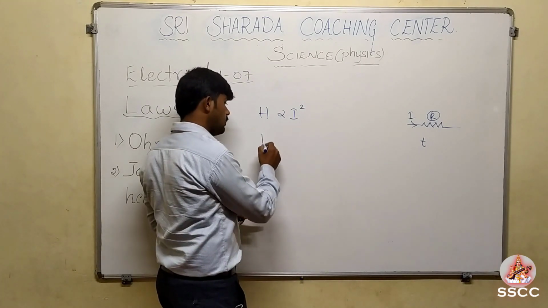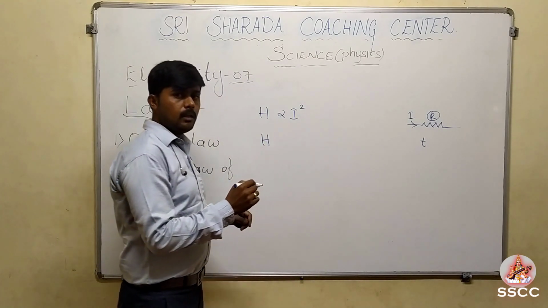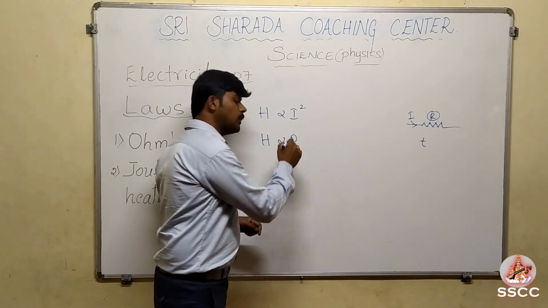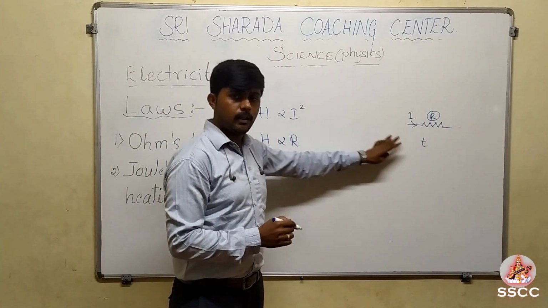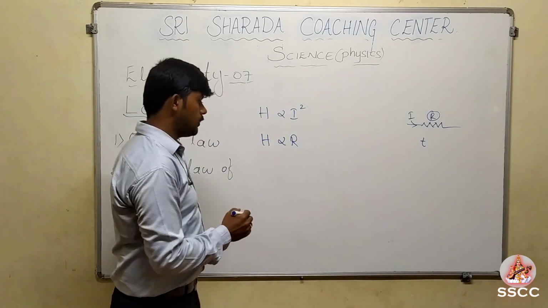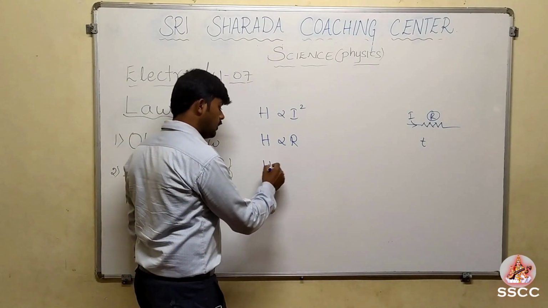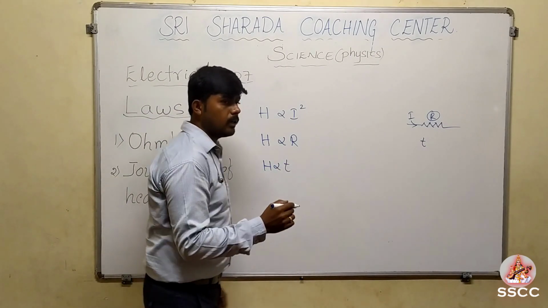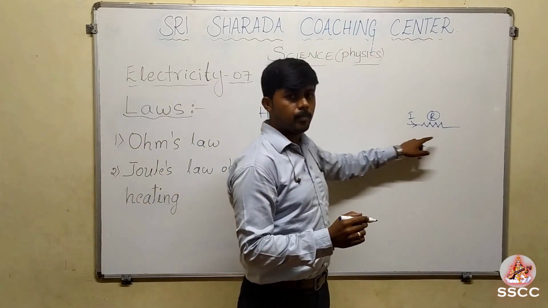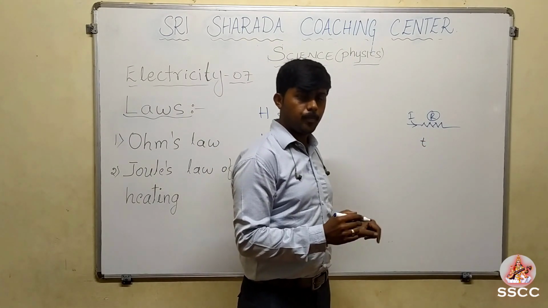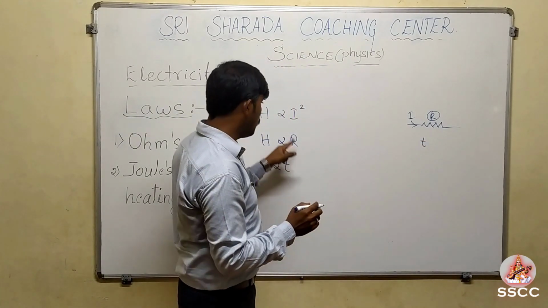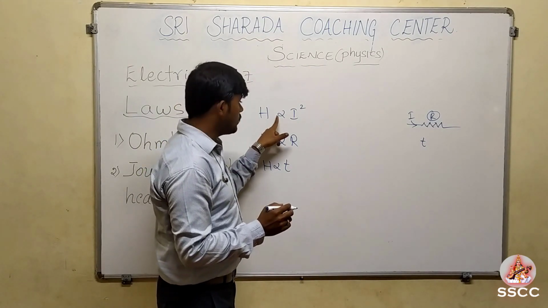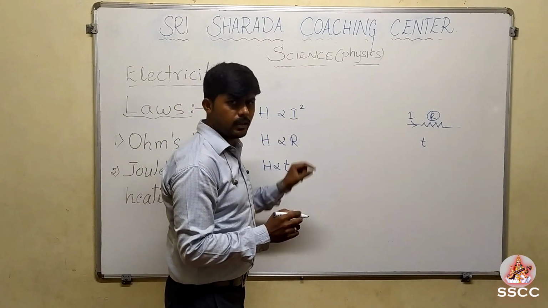The second point: heat energy is directly proportional to the resistance of the given material for the given current. And the third: heat energy is directly proportional to the time for which the electric current passes through that electric heater.